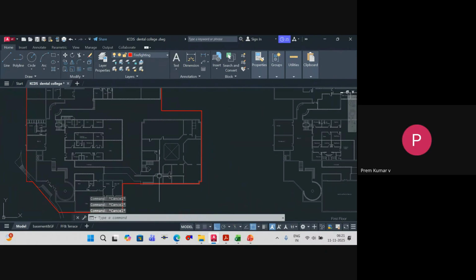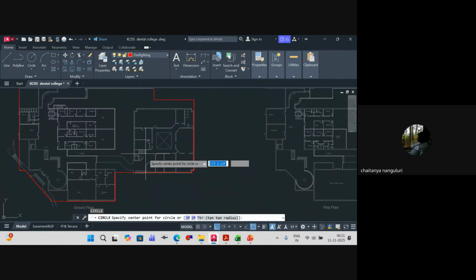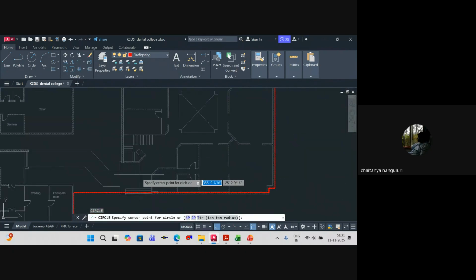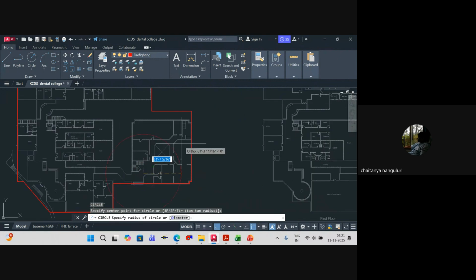So let's draw it. Let's say at this location I have one. 30 meters is how many feet? Almost 98.4 feet.